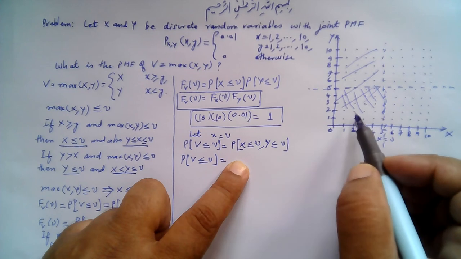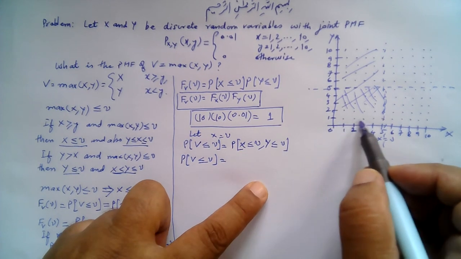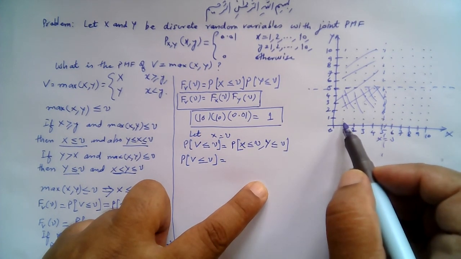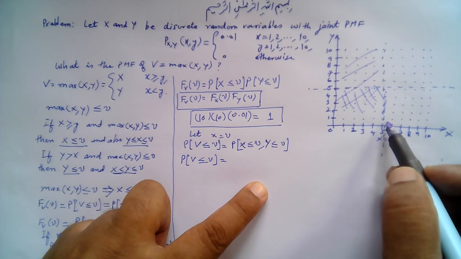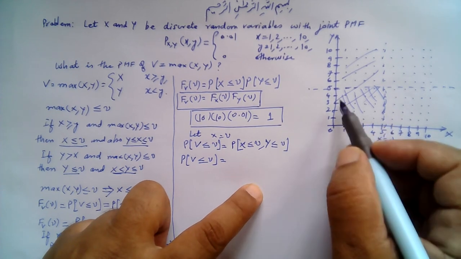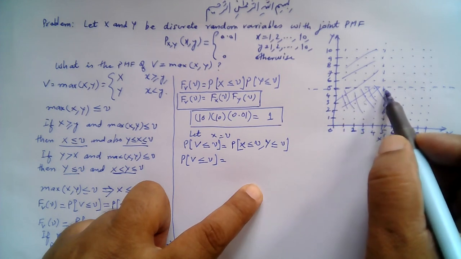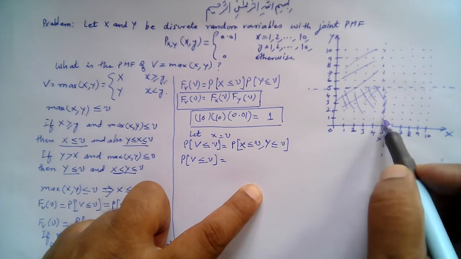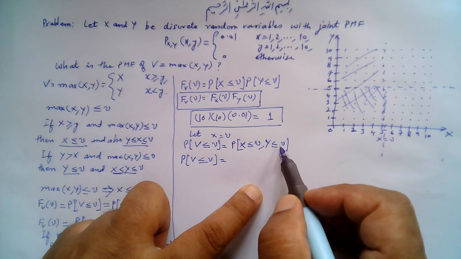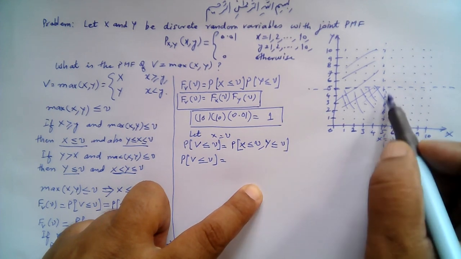In a similar manner, the length of this row is 1 to v, so this is v in length, and the column is also v in length, since this is less than or equal to, not less than alone. So v is also included here.